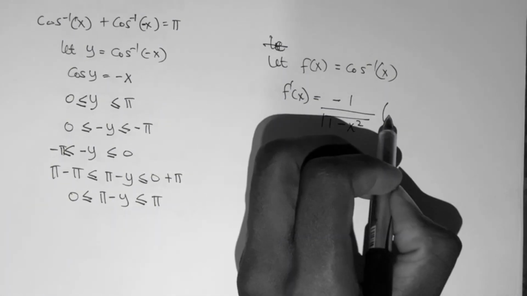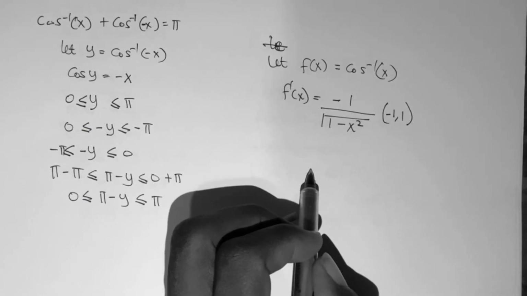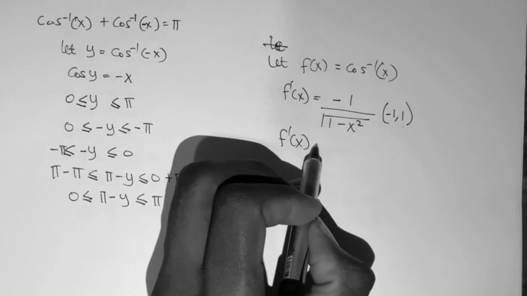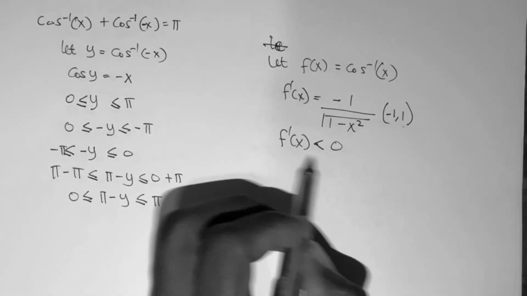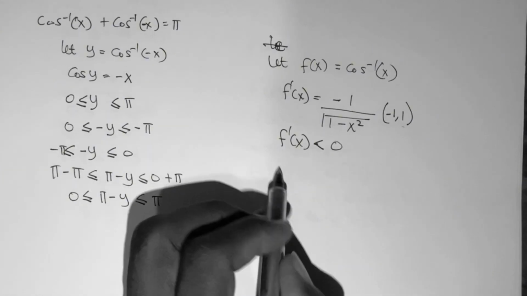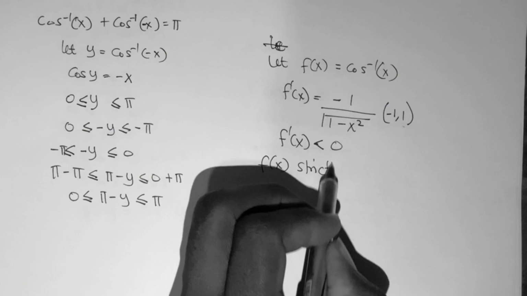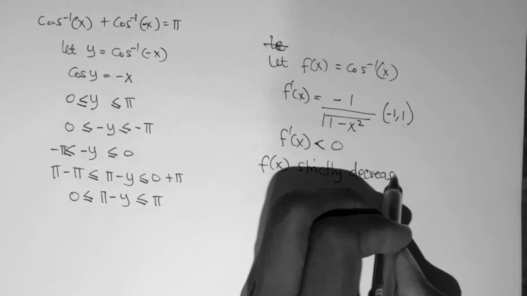But that is true within the open interval minus 1 and 1. Within this interval, f prime of x is always going to be less than 0. If f prime of x is less than 0, then it implies that f of x is strictly decreasing.